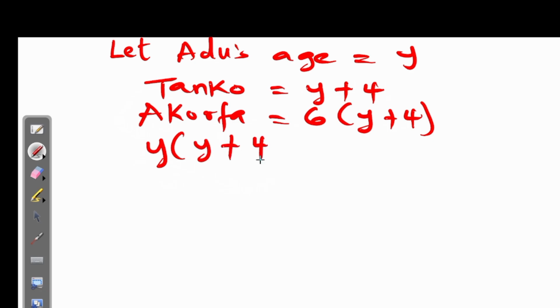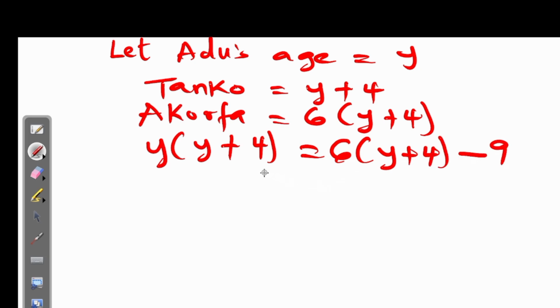Product means times. The product is 9 less than Akopa's age. It means if you multiply Adu's age by Tanko's age, the answer you will get will be Akopa's age minus 9.